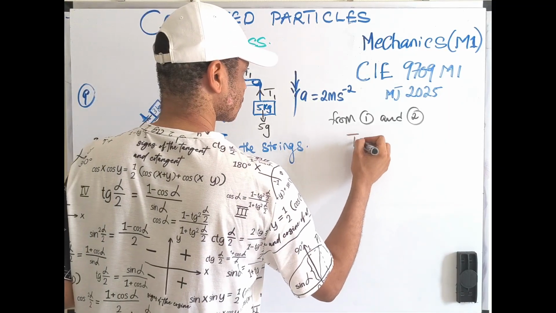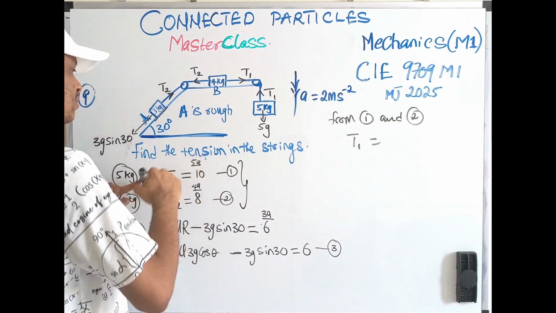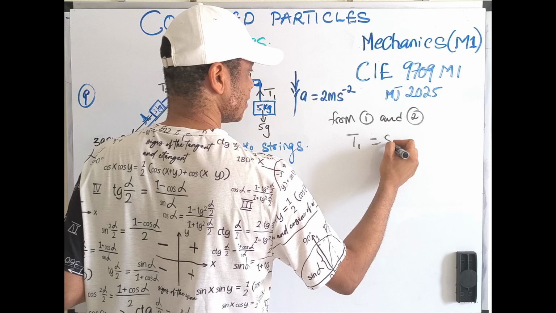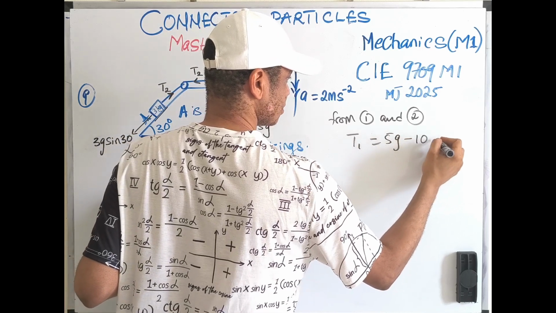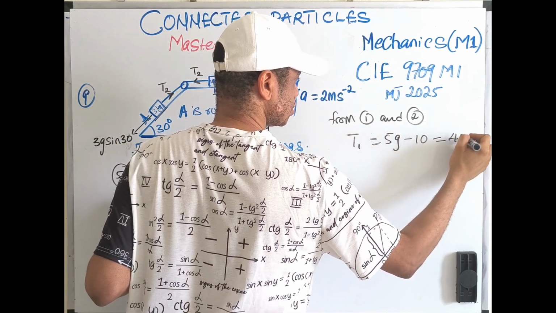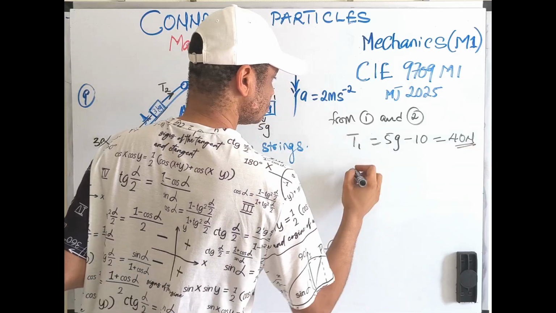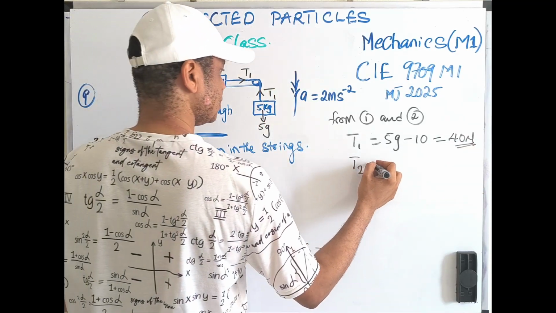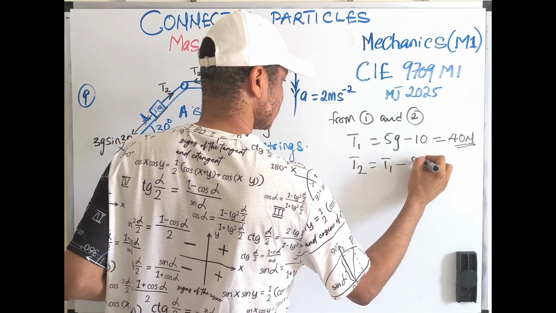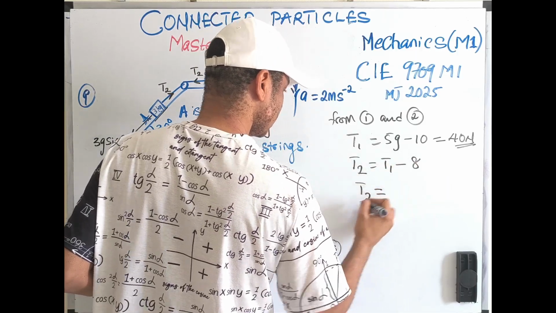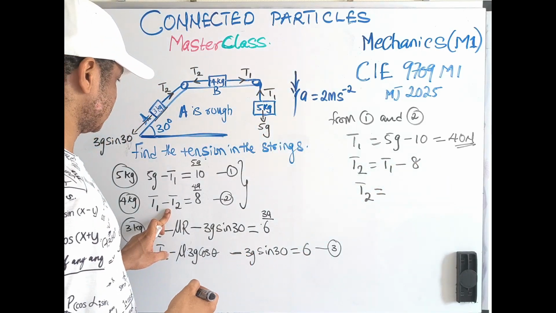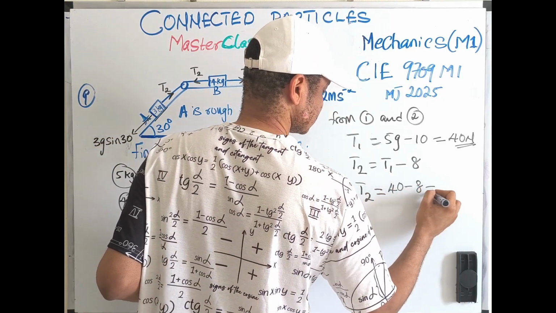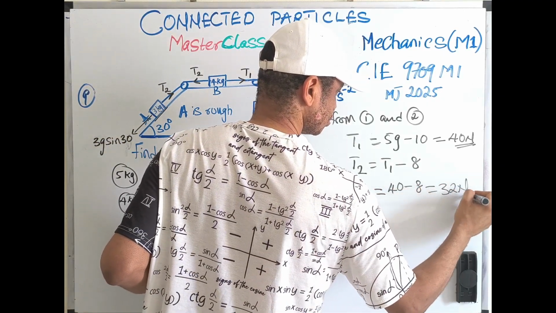Equation 1 will be 50 minus 10, so I move this. 5G minus 10, so T1 will be 40 Newton. Then T2 from here will be T1 minus 8, so T2 will be 40 minus 8, which is 32 Newton.